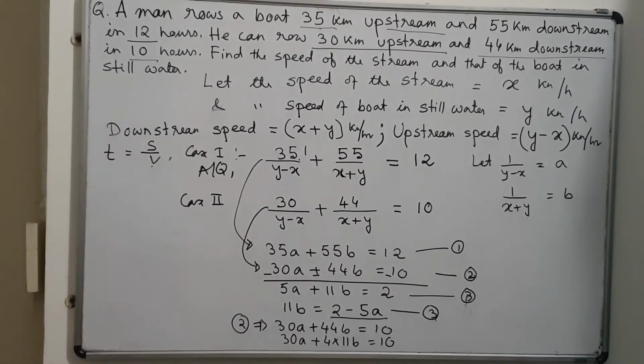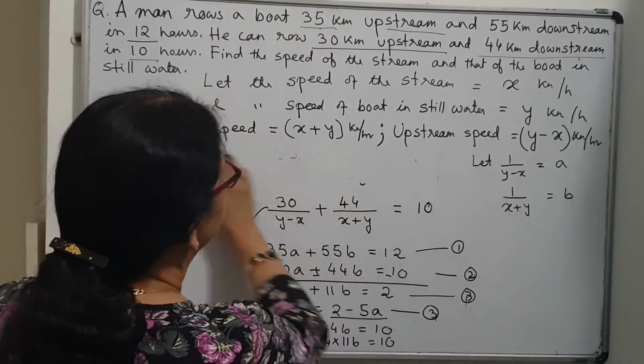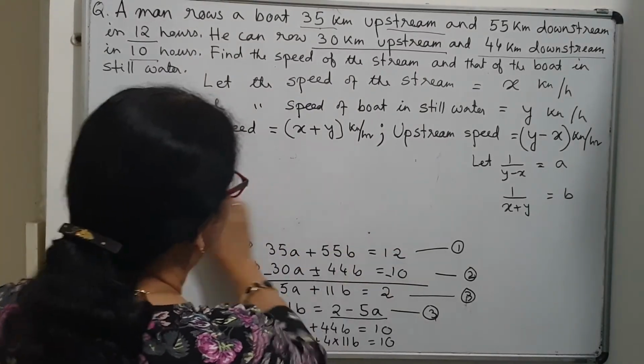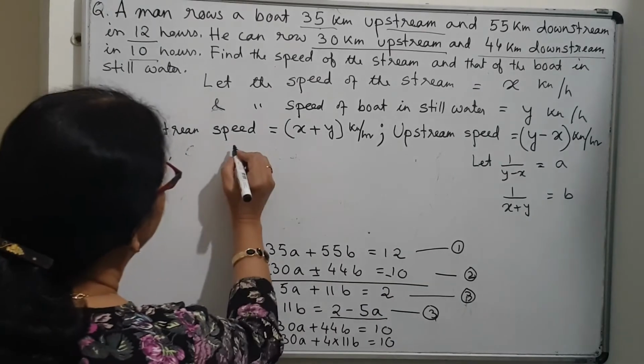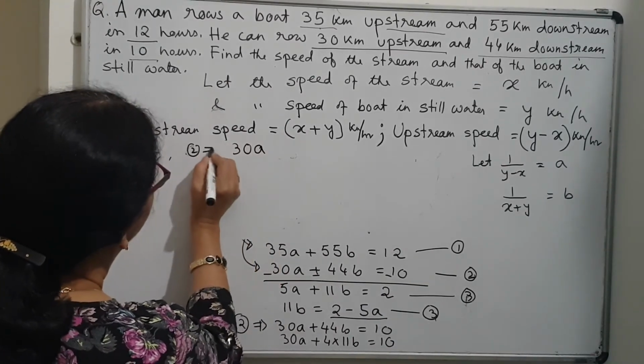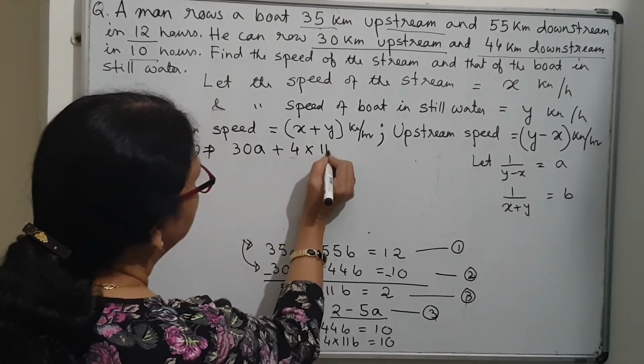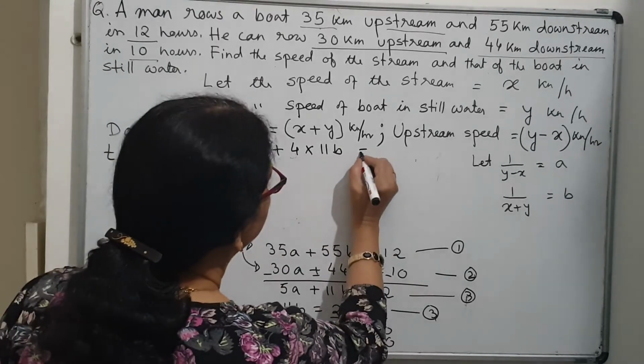So let me write it here. 30a, that was the equation 2. 30a plus 4 into 11b is equal to 10.